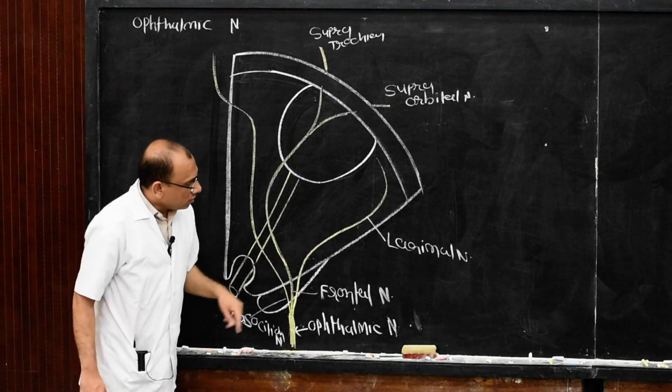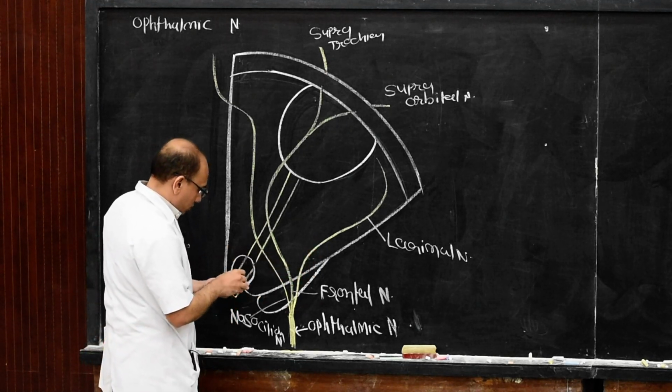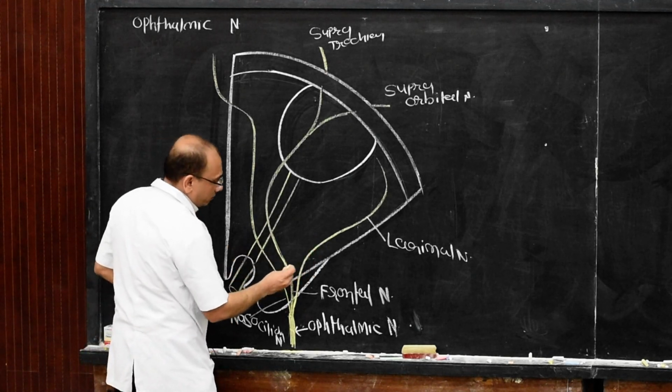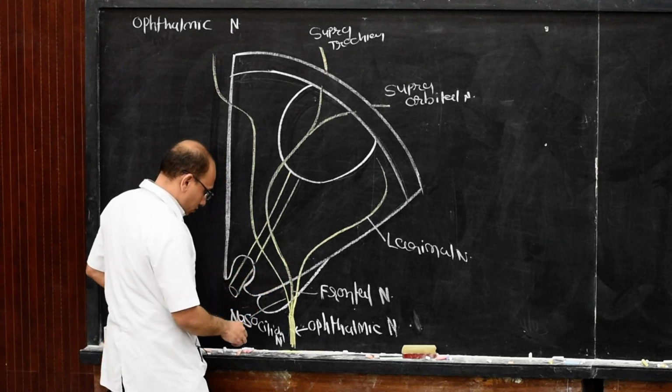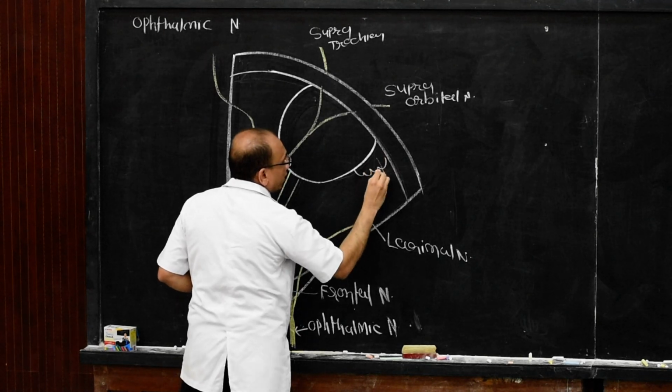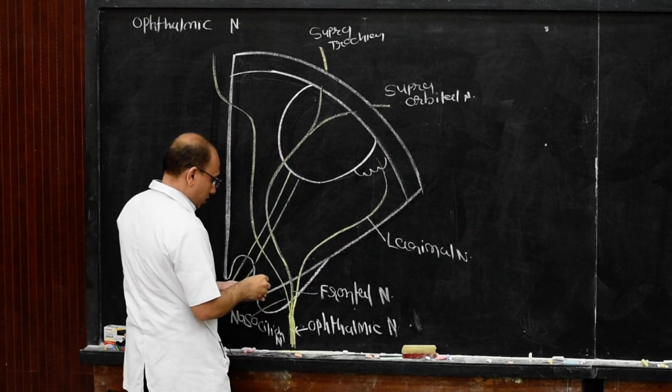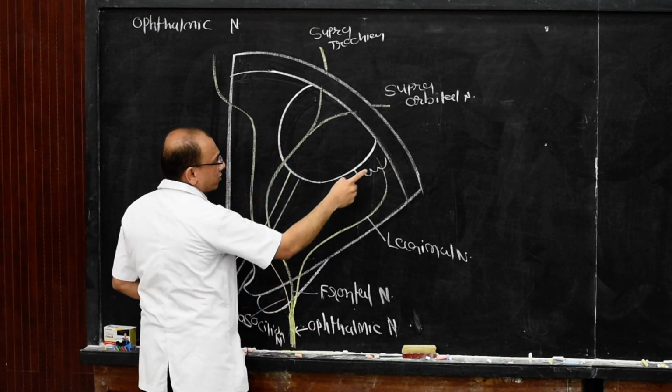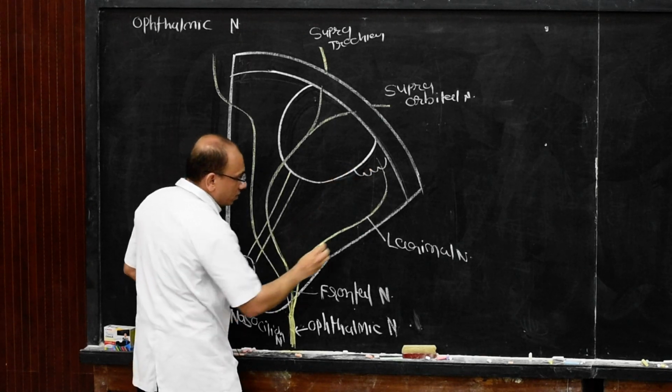First we will discuss the lacrimal nerve, which runs over this lateral rectus muscle and gives branches to the lacrimal gland. This one is the lacrimal gland, and it gives sensory supply to this lacrimal gland.